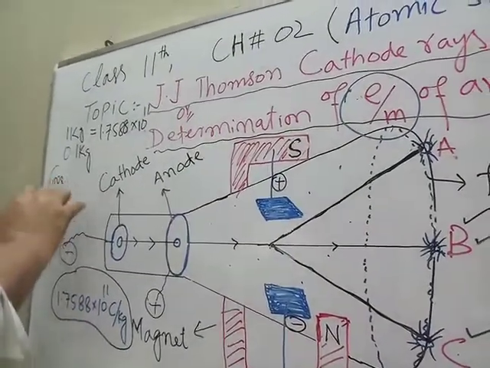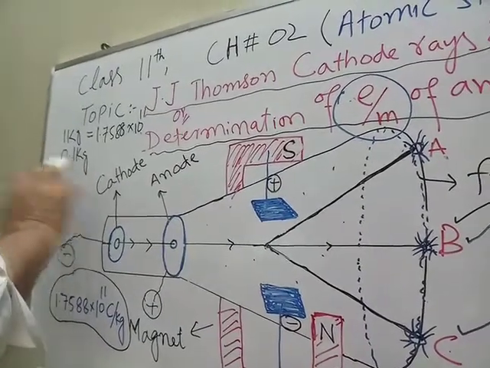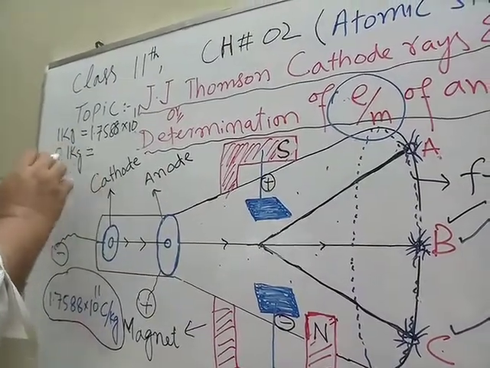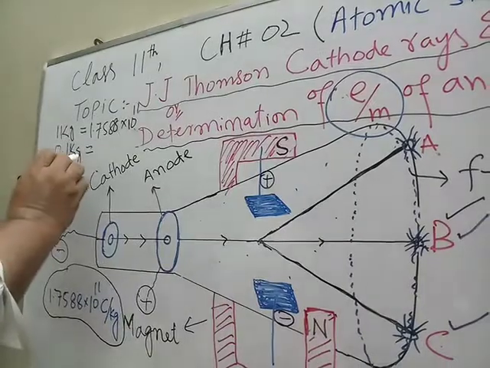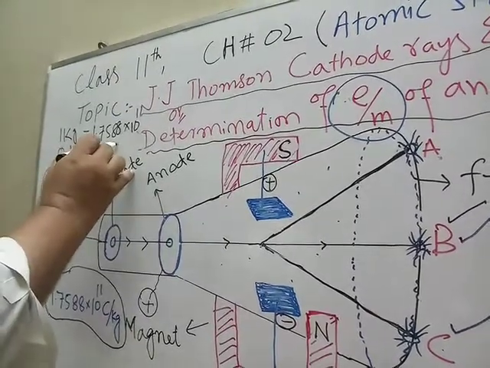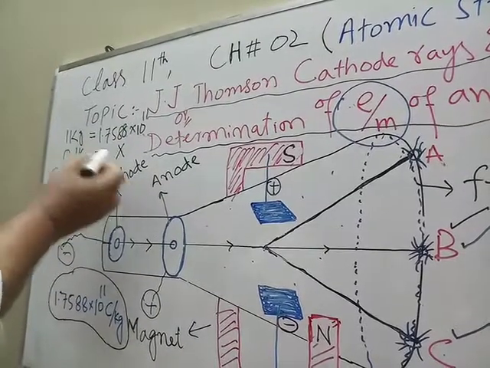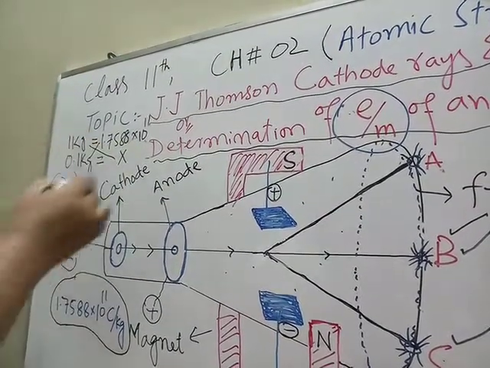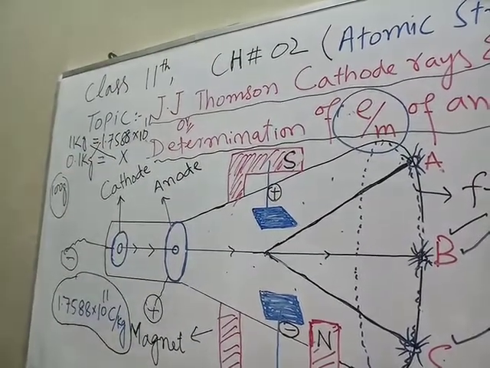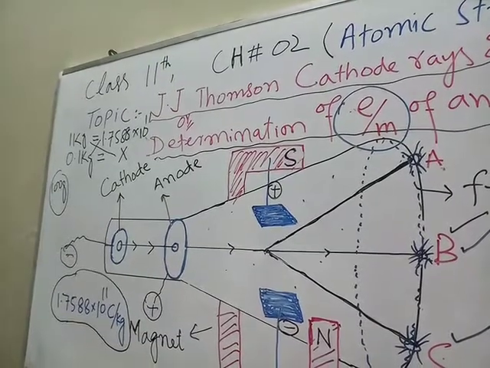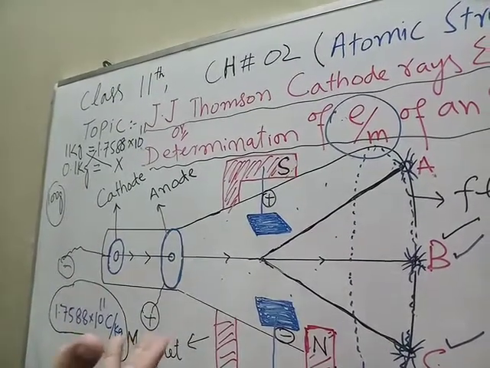If you convert the gram into kg, we will get this value. So what will be the charge on 0.1 kg of electrons? Let's say this charge is unknown, this is x. By cross multiplication we determine the value of x, so we can determine the charge for any mass of electrons.